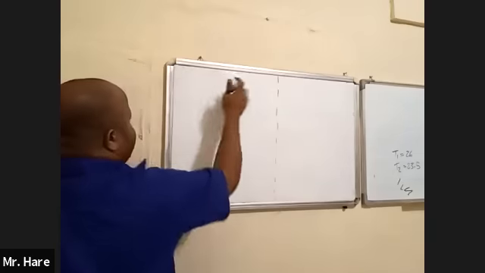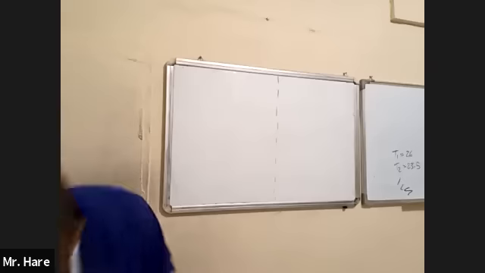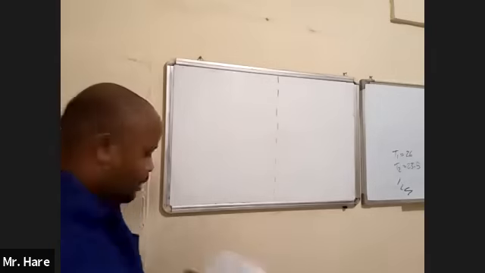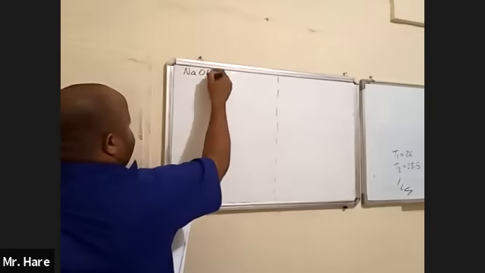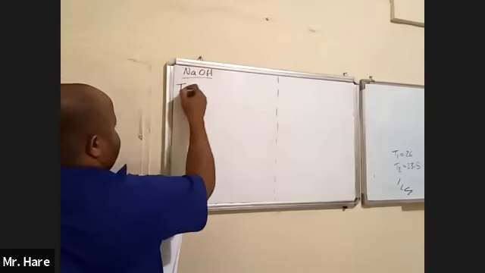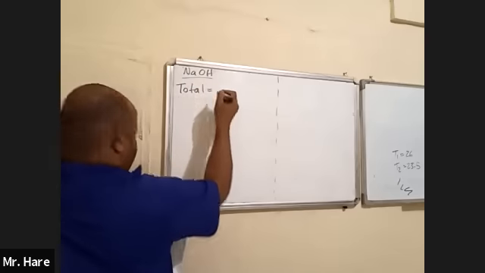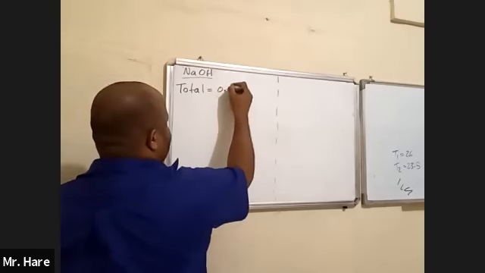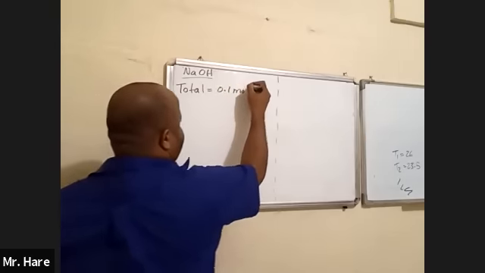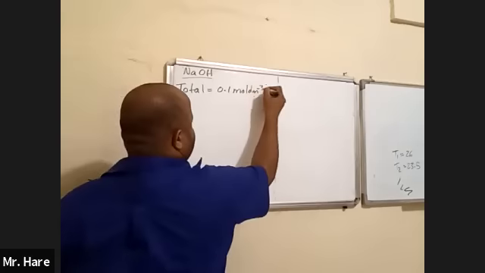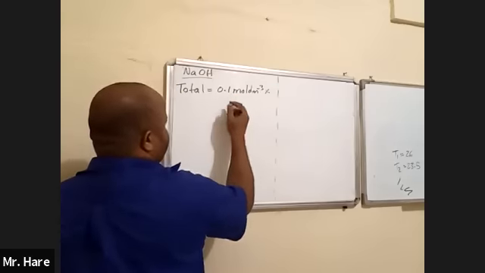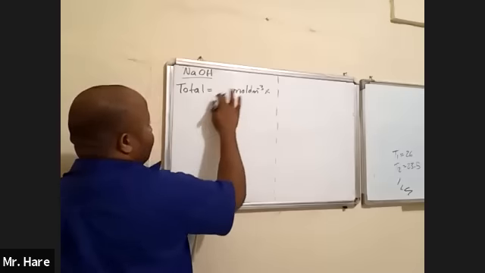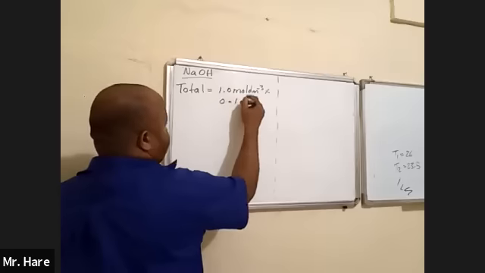Right, so for the reaction, we now use sodium hydroxide. So the total moles will be 0.1 moles per dm³ times... no, what was it now? 1 mole per dm³ times 0.1 dm³.